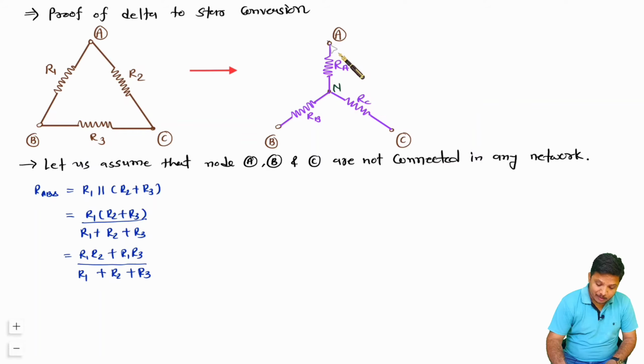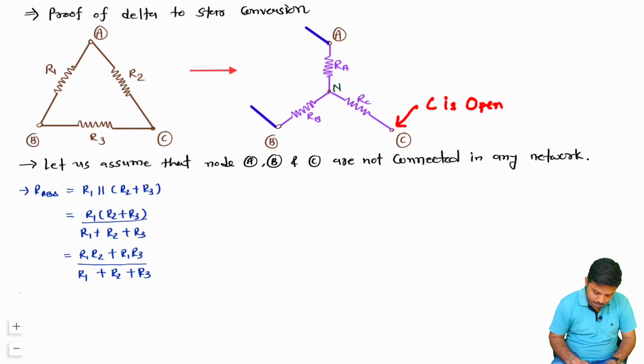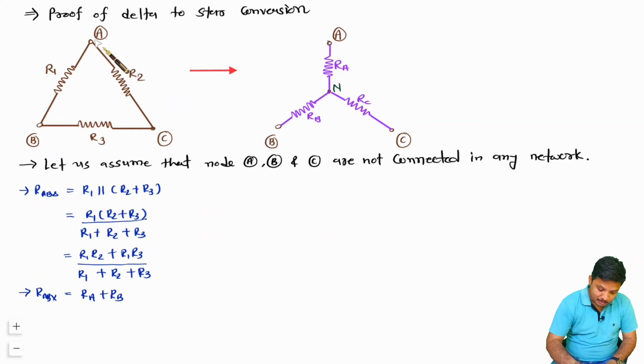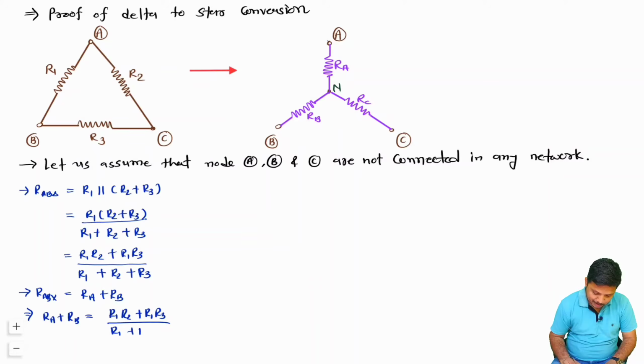So the resultant equivalent resistance in between node A and node B in star will be RA in series with RB, meaning it will be RA plus RB. So I can say in between node A and node B, both of these resistances are the same. So we can have the first formula, that is RA plus RB equals R1 R2 plus R1 R3 divided by R1 plus R2 plus R3.